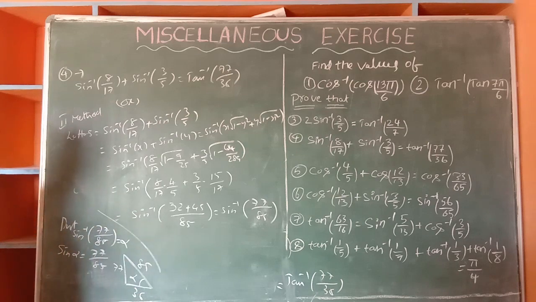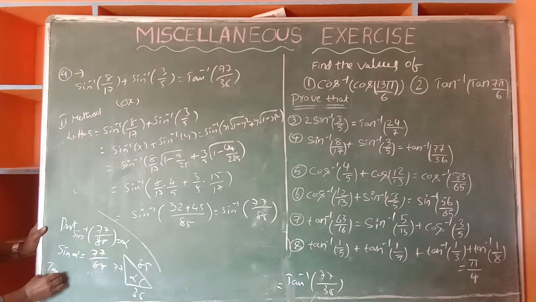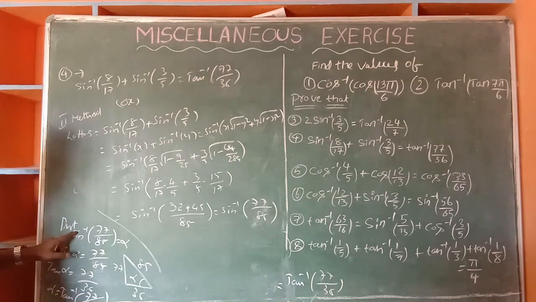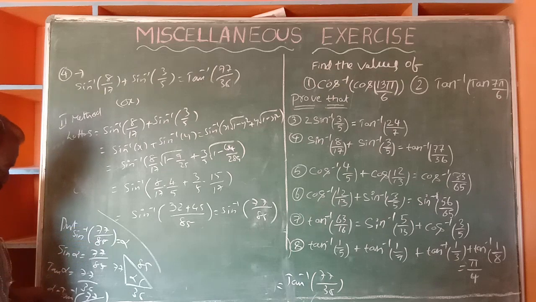Okay now, we find tan alpha. Tan alpha is 77 by 36. Alpha is tan inverse 77 by 36. What is alpha? Sine inverse 77 by 85 is nothing but tan inverse 77 by 36.